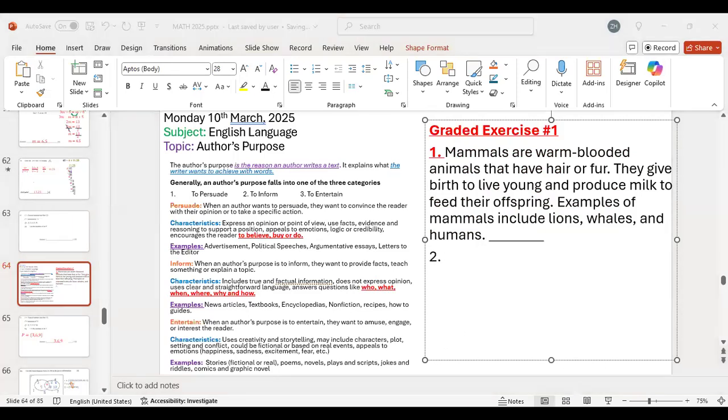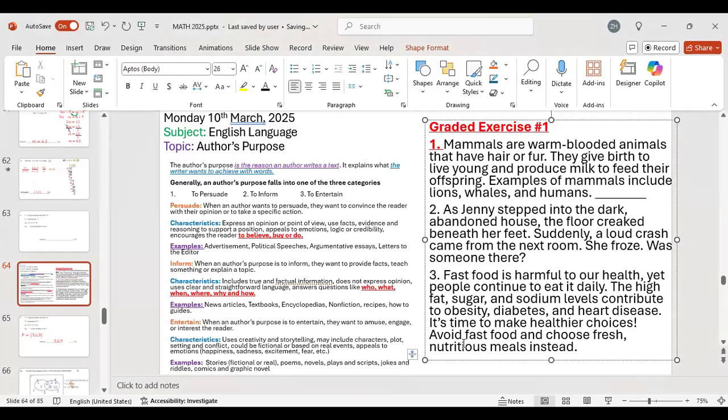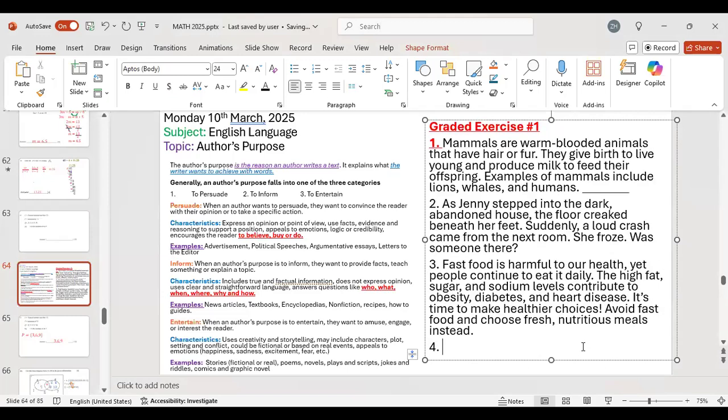What is the author's purpose in writing what they wrote? Number 3. Just put your answer inside the chat. Put your answer inside the chat, please. Okay. Number 4. Again, put your answer inside the chat for me.